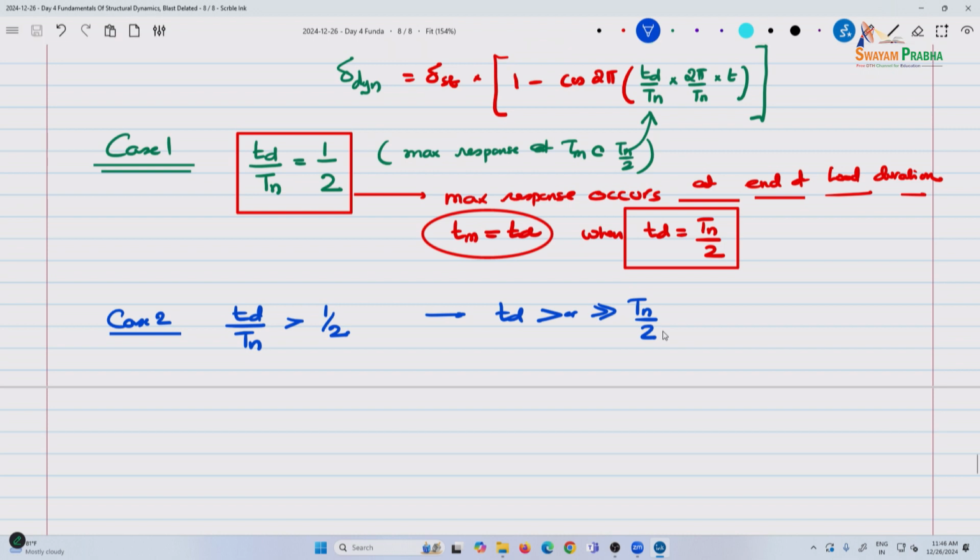So in this case, if I put it into this equation, I am not going to solve it, but I will give you the expression.